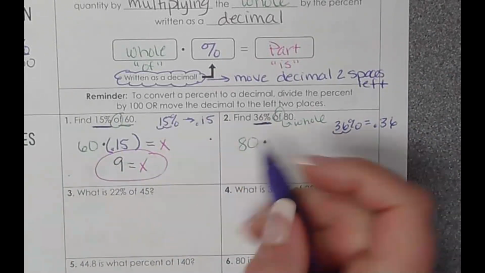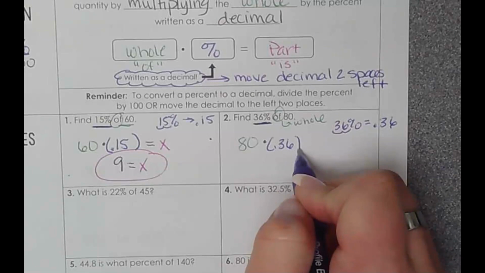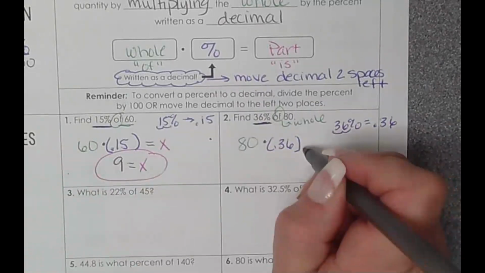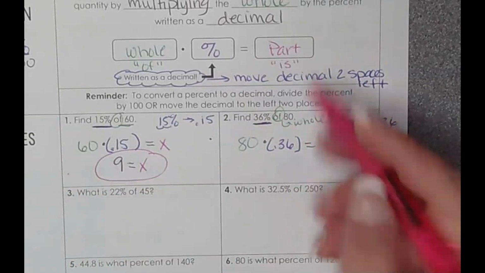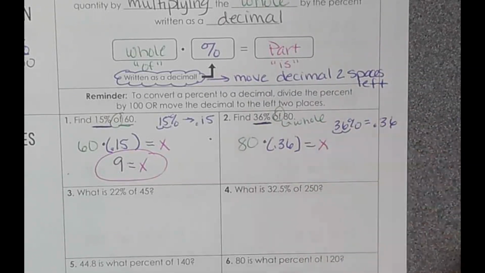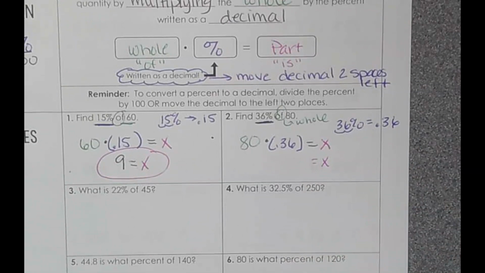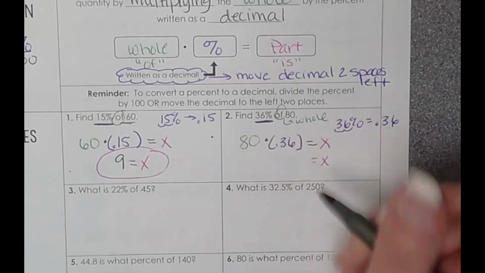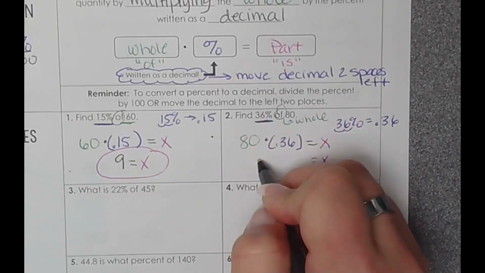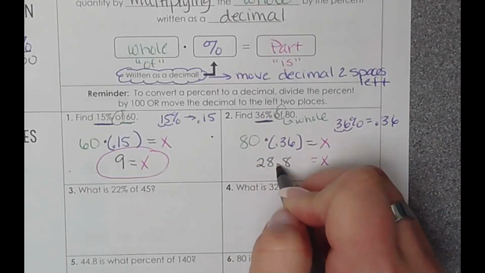So we're going to multiply 80 by 0.36, and that's going to give us what our part is. And we're just going to label that as X. Go ahead and multiply that out. And this would tell us that our part, or our X, is 28.8.